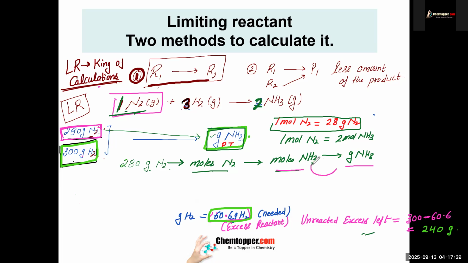Where should I look? The periodic table. We have to have the molar mass. What is the molar mass of ammonia? 17.03 grams.